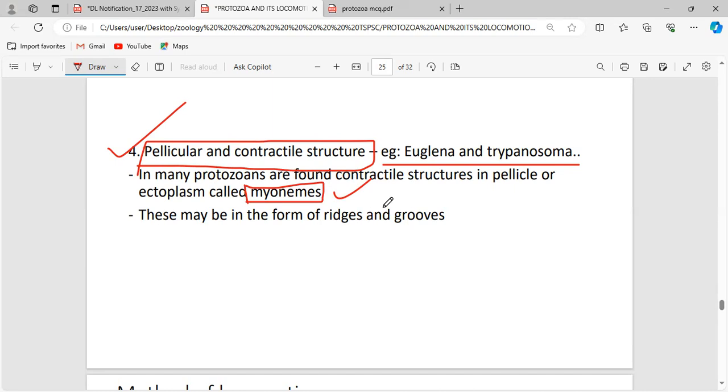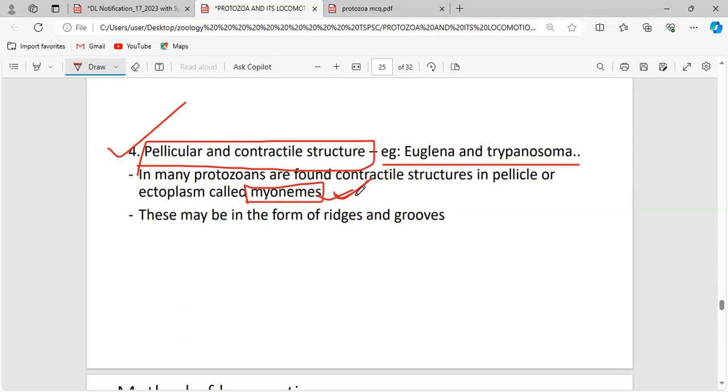This pellicular contractile structure, called the myonemes, aids in locomotion just by contraction and relaxation of the muscles. The myonemes have many protein filaments that can contract and relax, helping in locomotion.